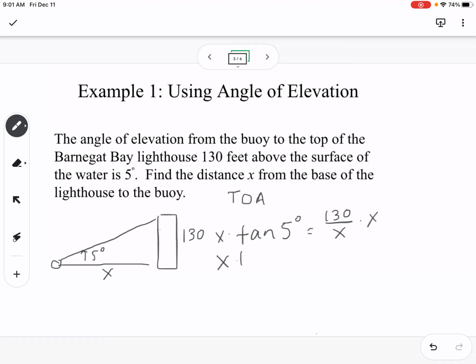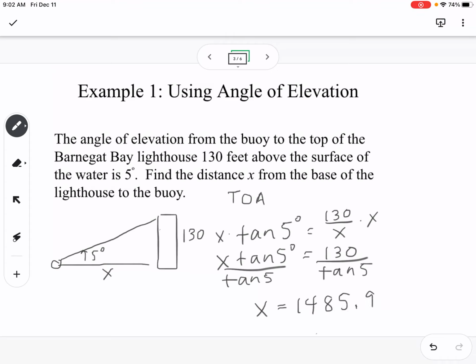Then we have x times tangent of 5 degrees equals 130, and then divide both sides by tangent of 5. 130 divided by tangent of 5 is 1,485.9 feet.